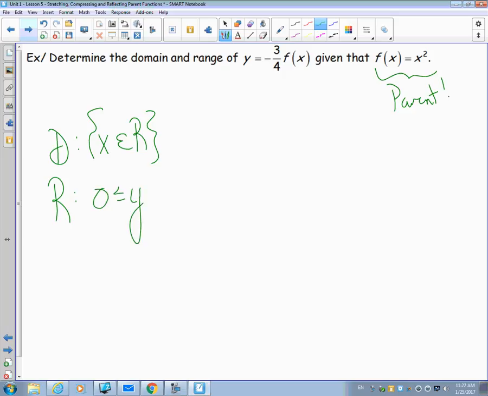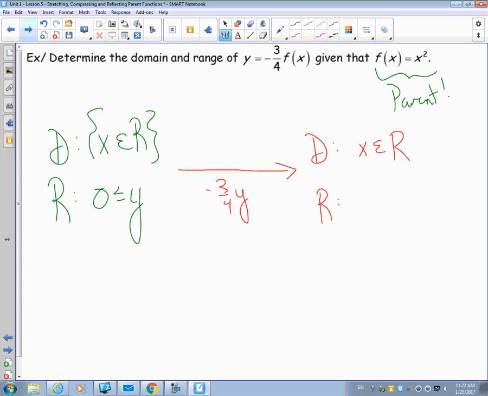Okay, I need to transform that. I need to do a vertical reflection and a vertical compression. 3/4 of y. What's going to happen to my domain? Absolutely nothing. Still all real numbers. Still quadratic. Quadratics go left and right forever and ever and ever, no matter what. Our range, I need to multiply 0 by negative 3/4.